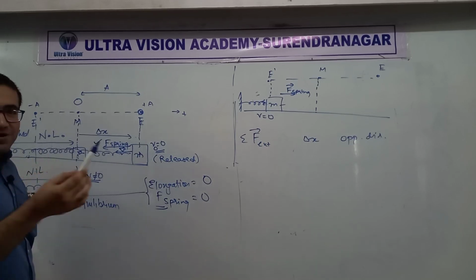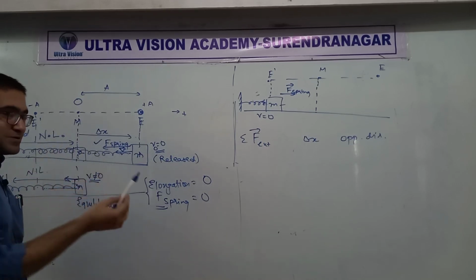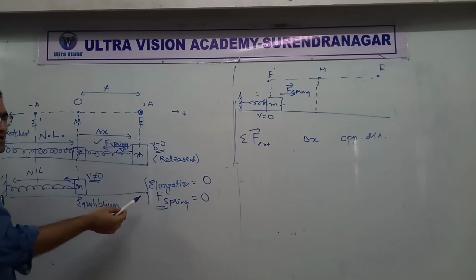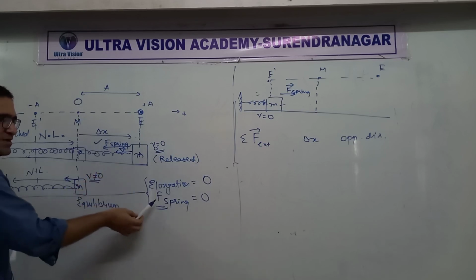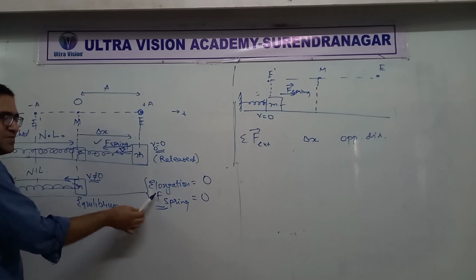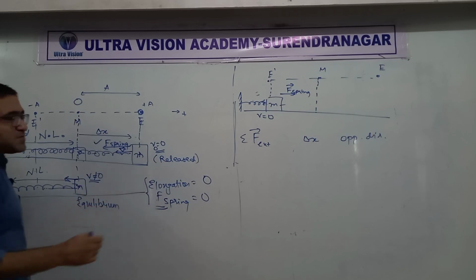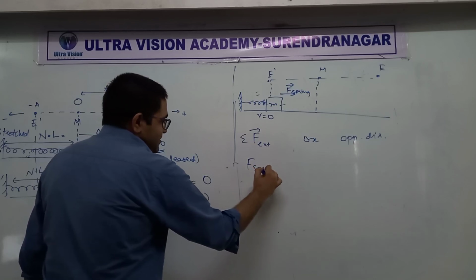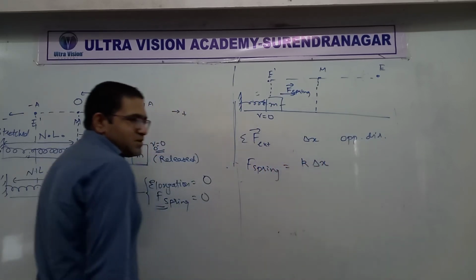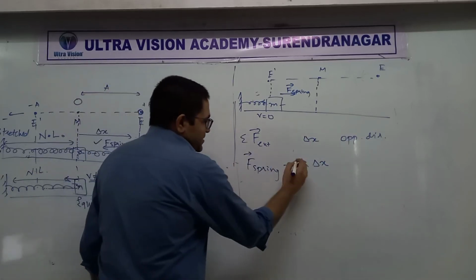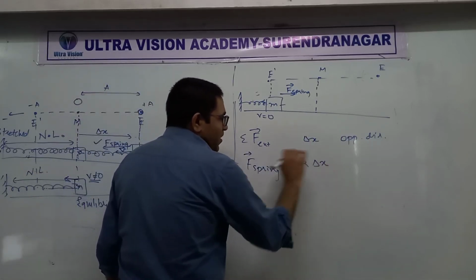If you remember spring constant, force constant, here is an opportunity to see how they are same or how they might be different sometimes. Force of spring is always equal to K into delta x in magnitude. And if you consider the direction, then it is in opposite direction of elongation.